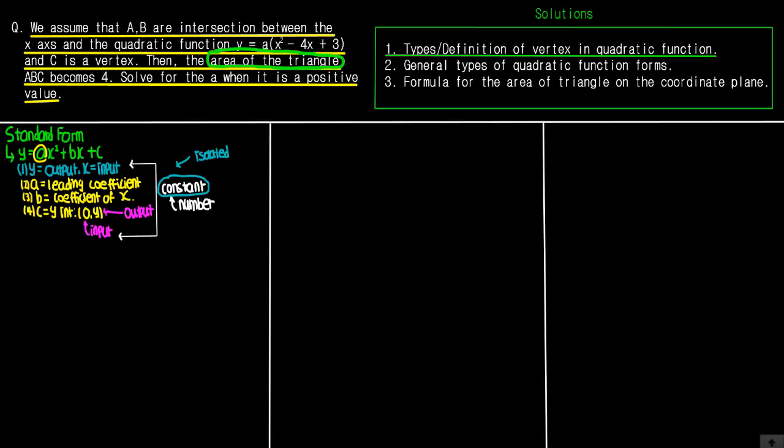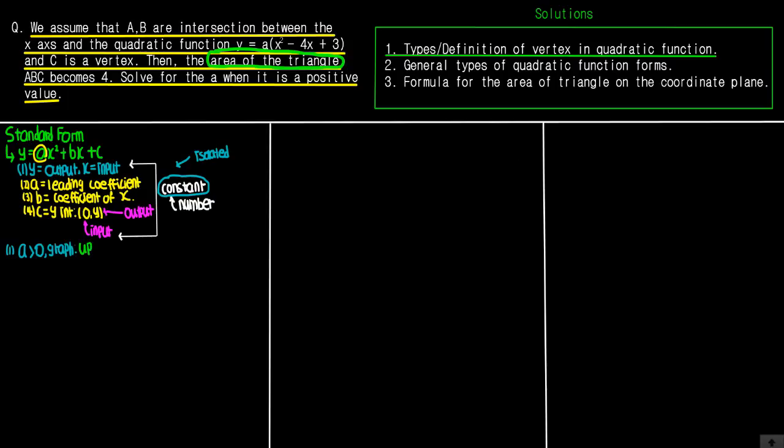Now, to be more specific, let's think about the 2 types of vertex in quadratic functions. For the first case, we know that all cases of the vertex are defined by our leading coefficient A, and specifically its sign. When the leading coefficient is greater than 0, which means it is a positive value, the graph of the quadratic function opens upward.